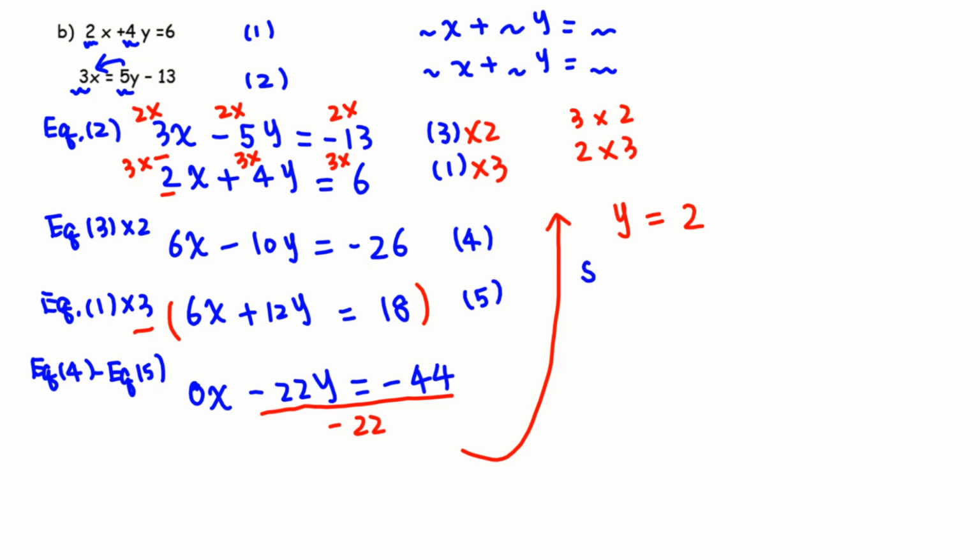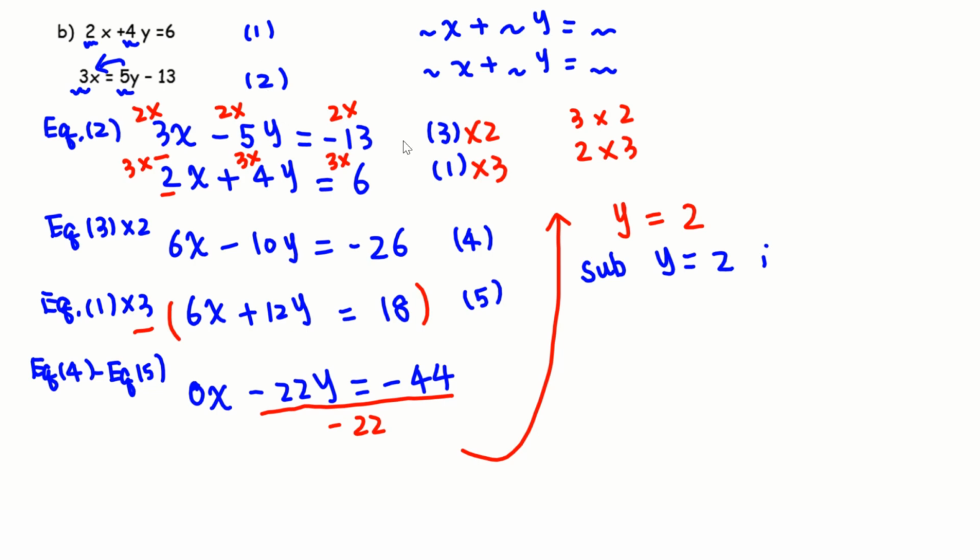Then we need to substitute y equals 2. We are looking for the x point of intersection, so we need to find the x. From these, we are going to see which equation to substitute into. We can substitute into equation 2 because 3x is x by itself with 3 on one side.